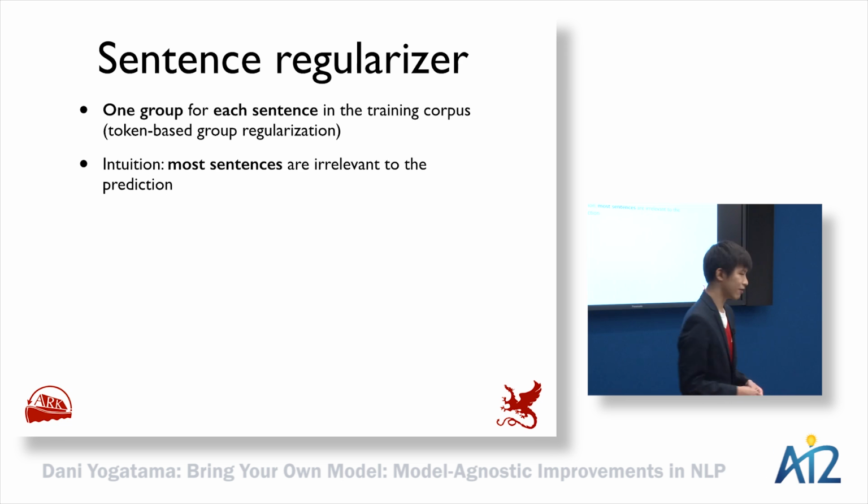This is what we call token-based group regularization, because if we look at a corpus and we define our grouping structures, and we look at a different corpus, we will have different grouping structures, right? Because we look at word tokens. Whereas usually this is not the case when group lasso is used in NLP. People group by feature type. So maybe all nouns is a group, all verbs is a group.